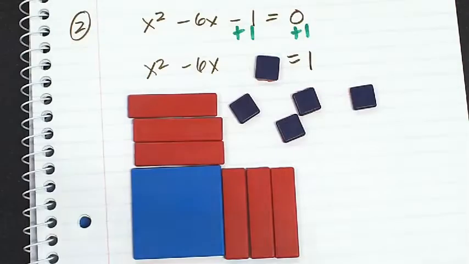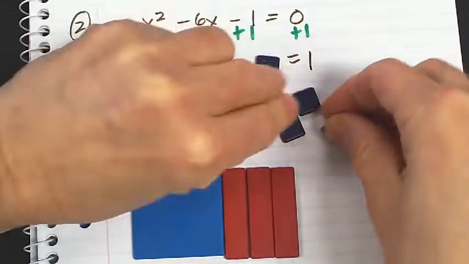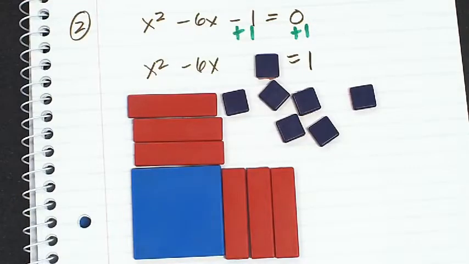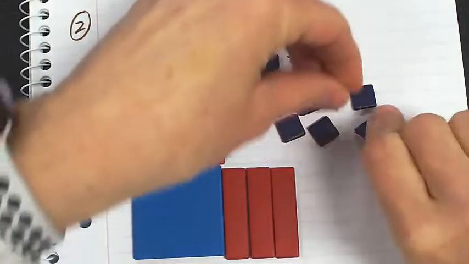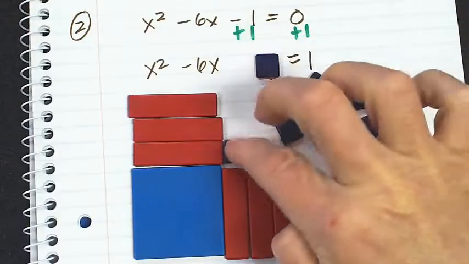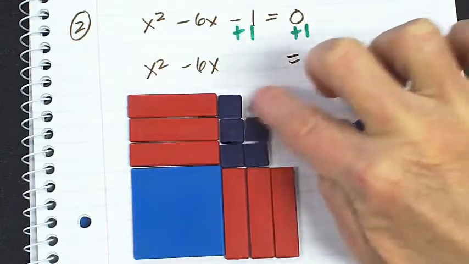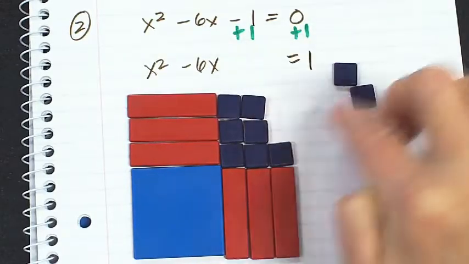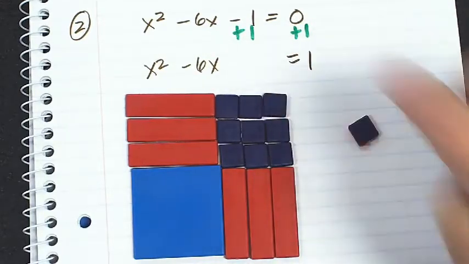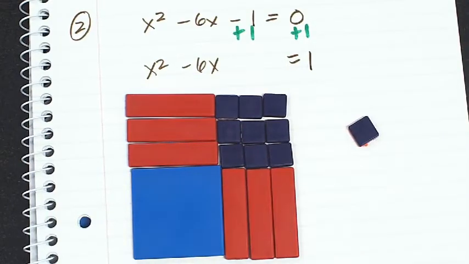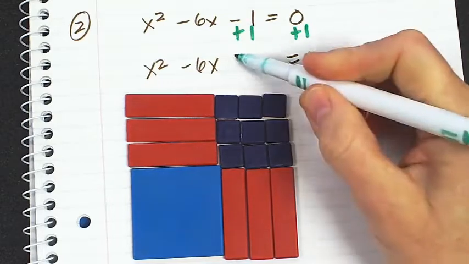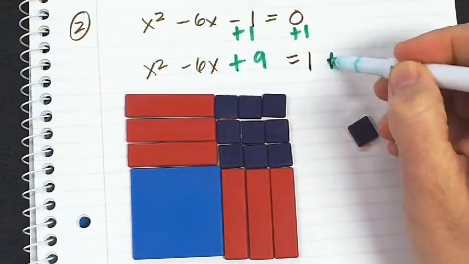Okay, I'm going to do this real quick in case you need this as a visual. Okay, so I'm adding 9, which makes a square. And if I add 9 to the left side, I have to add 9 to the right side.